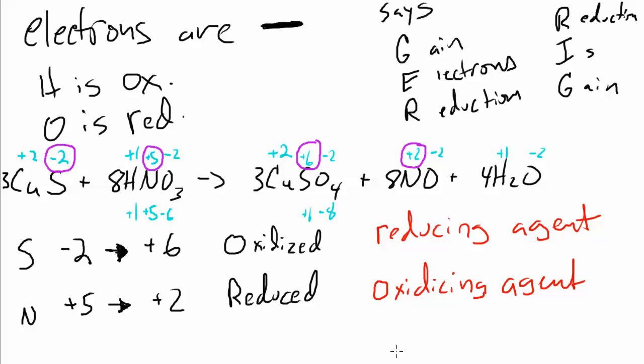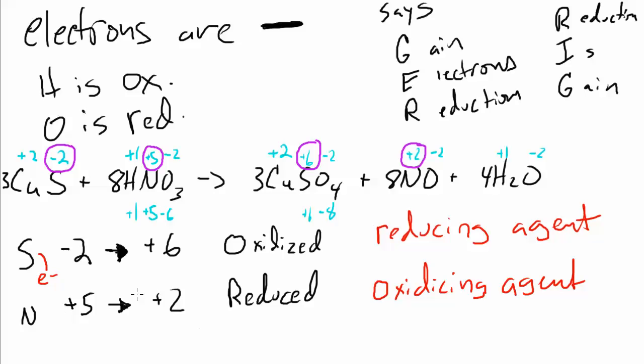Right? And now how does this happen? Well, when something is oxidized, it loses electrons, and when something is reduced, they gain electrons. So look at what's happening here. Sulfur, its oxidation number basically goes up, and in order to go up like that, it has to lose electrons. Well, where do the electrons go? If sulfur is losing the electrons, where do they go?